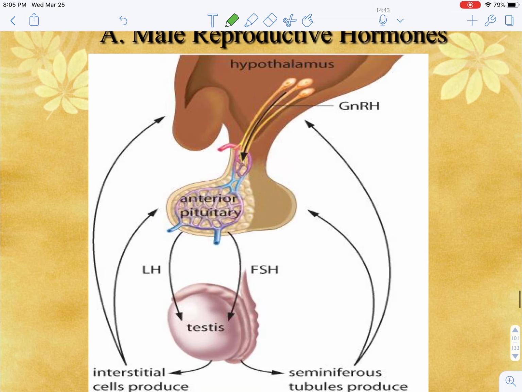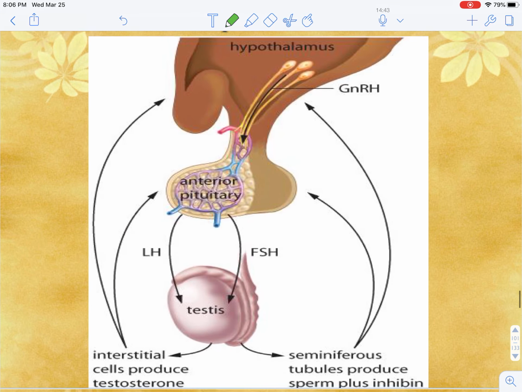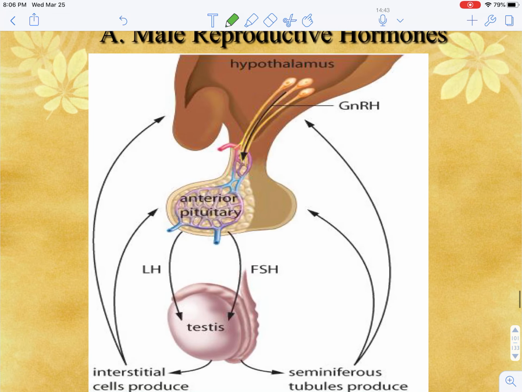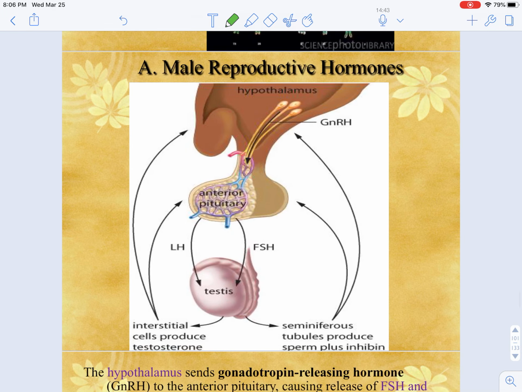Alrighty, the male feedback loop. You'll see that we start with the hypothalamus making gonadotropin releasing hormone. It's just another releasing hormone that goes to the anterior pituitary, and the anterior pituitary releases follicle stimulating hormone. Think of the word follicle, in order for sperm production to happen.